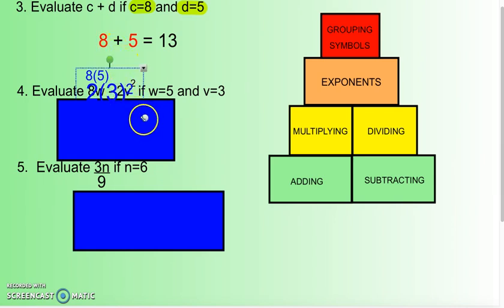Did you notice there's a little exponent on the V? Now if I put parentheses around this, and I'm going to keep the subtraction symbol, what do you think is going to happen to this 3?